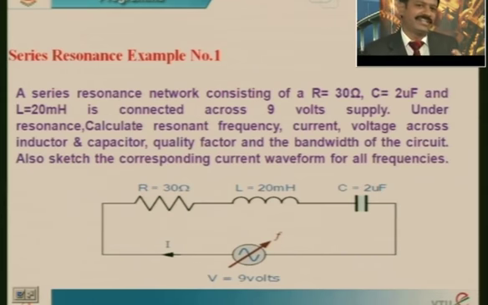Under resonant condition, calculate resonant frequency FR, current I, voltage across inductor and capacitor, with quality factor and bandwidth of the circuit. Represent in the form of a circuit: R, L, C are mentioned here, 9 volts is connected across the supply.